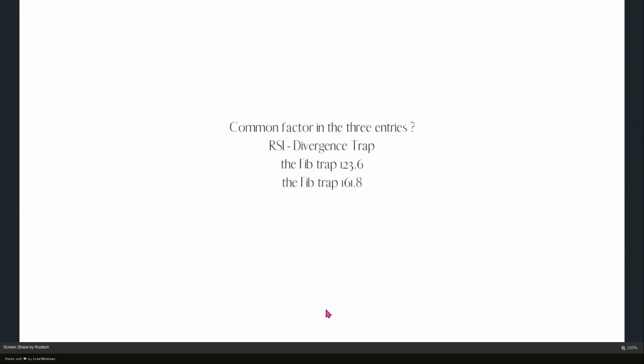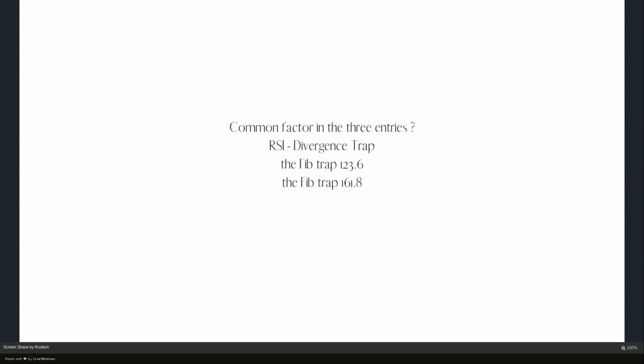So the common factor with these three entries, Andy, what do you think the common denominator is in these three entry types? For the RSI divergence trap, the fib trap, and the 123.6 and the 161.8.